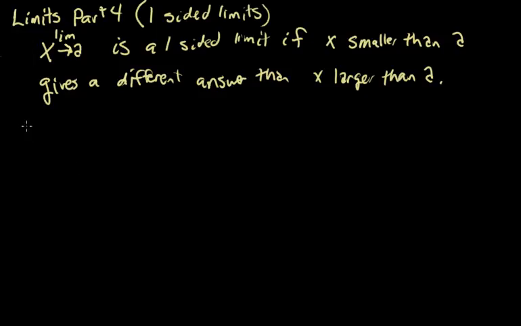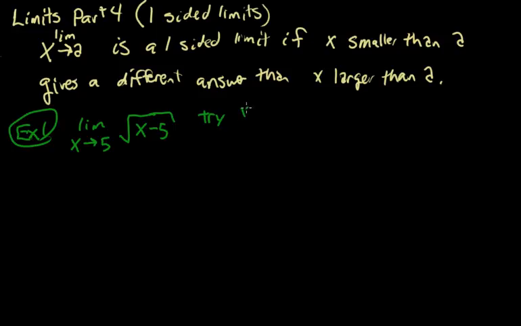So for the first example, example 1, is the limit as x approaches 5 of the square root of x minus 5. We'll say try x equals 4.99. This should get us pretty close to 5, right?